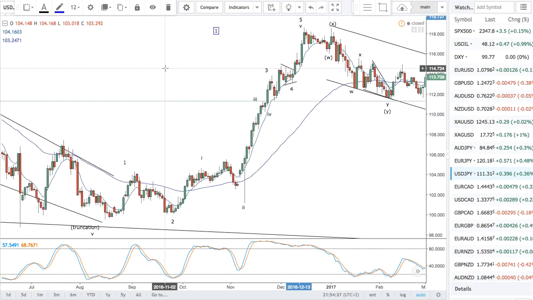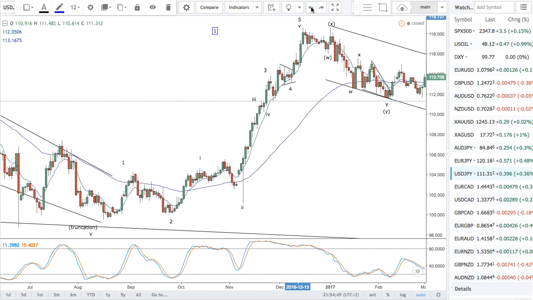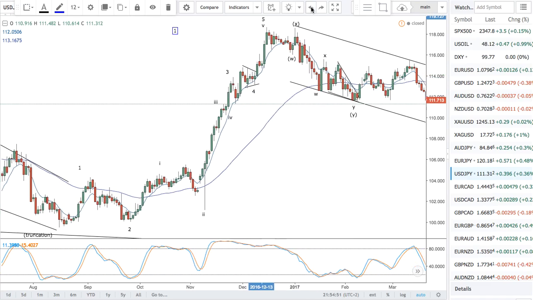The problem with this count is the size of 1 and 2 and 3 and 4. You might be able to get away with that, but the 1 and 2 here and the 3 and 4 there, you're not going to get away with. That looks ridiculous. So I cannot really take it like that.